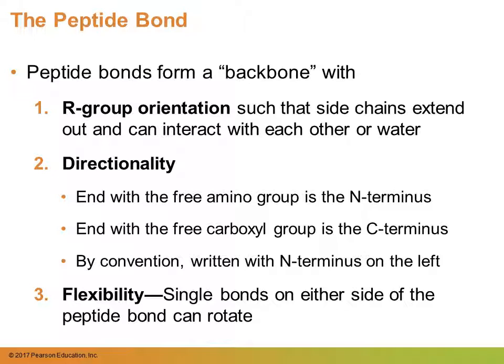Once all of the amino acids start to bind, the R group side chains extend out and start to interact with one another. The other thing we notice is directionality. There's the nitrogen side, which is called the N-terminus, and the carbon side, which is called the carbon terminus. And then there's flexibility. Instead of it just being linear, it's actually a very flexible backbone.